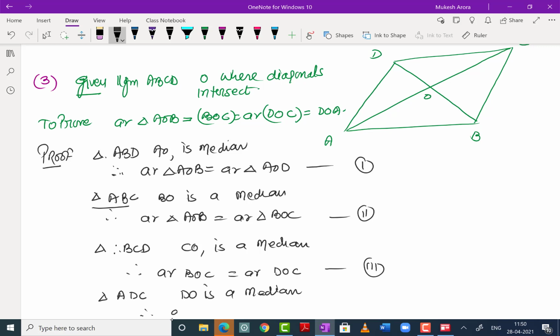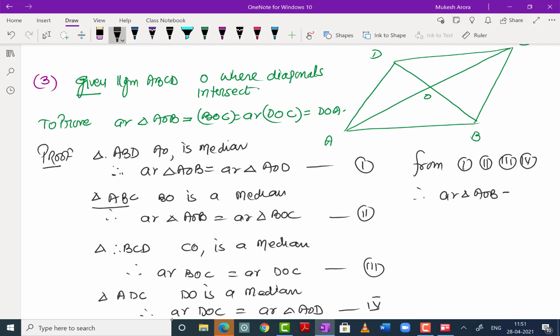Therefore, area of DOC is equal to area of AOD. So, from 1, 2, 3 and 4, area of triangle AOB is equal to BOC is equal to DOC is equal to AOD is equal to 1/4 of area of parallelogram ABCD.